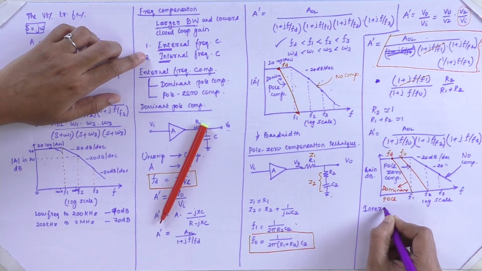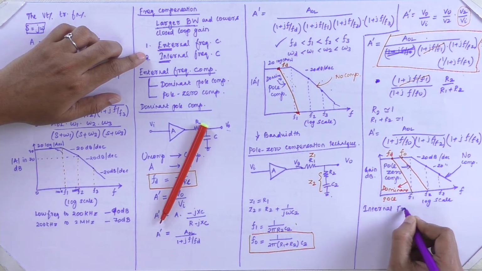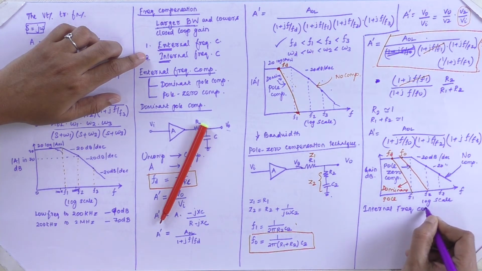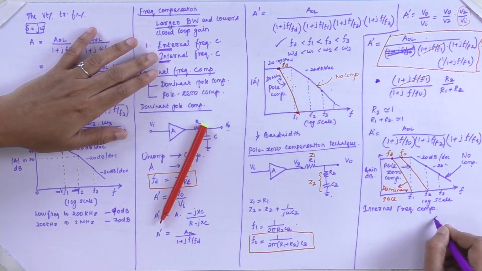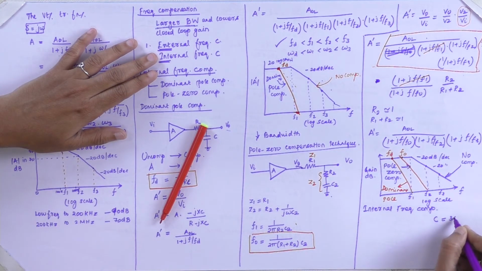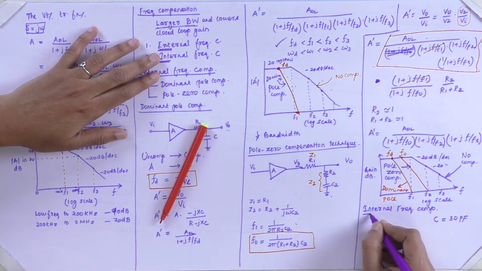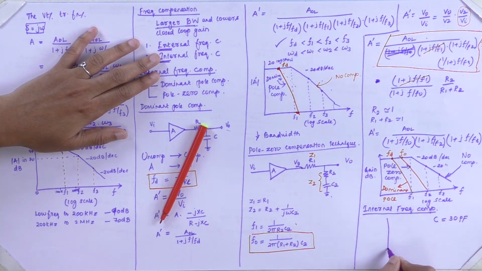So here the next topic is internal frequency compensation. In that internal frequency compensation, we have mentioned that we have to use a capacitor. It should be an inbuilt one. So at what frequency that capacitor will shut off the current. So we have to choose the capacitor value as 30 picofarad. So here we are going to draw a frequency curve.